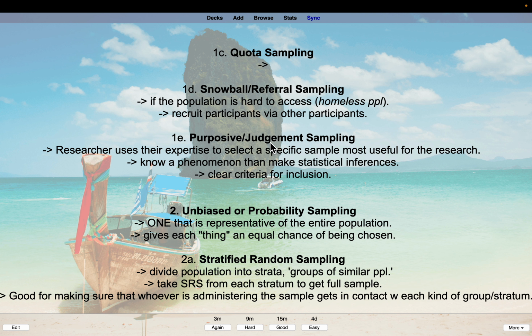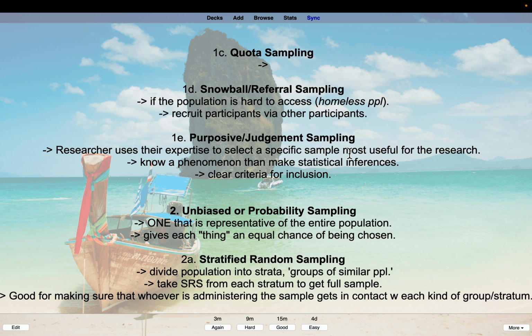Purposive or judgment sampling. A researcher uses their expertise to select a specific sample most useful for the research. So not everything is dependent on technology. Usually, there are times, such as in this kind of scenario, where you need to use your own judgment and educated considerations.